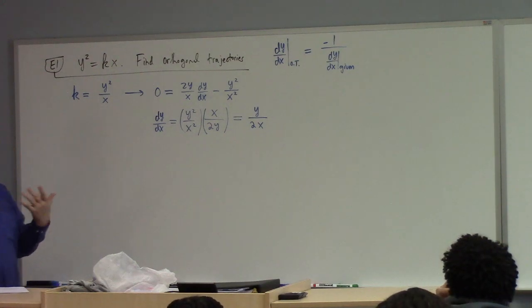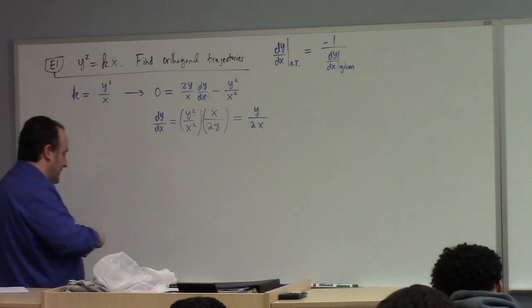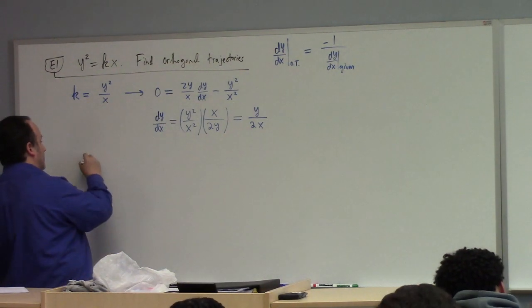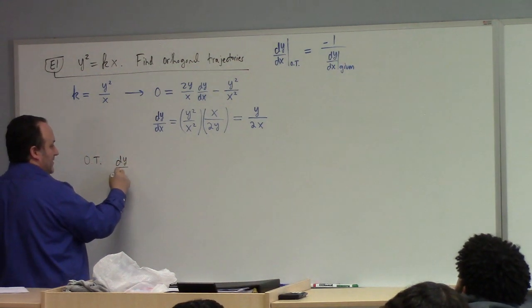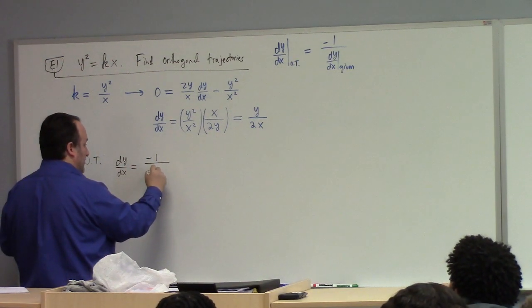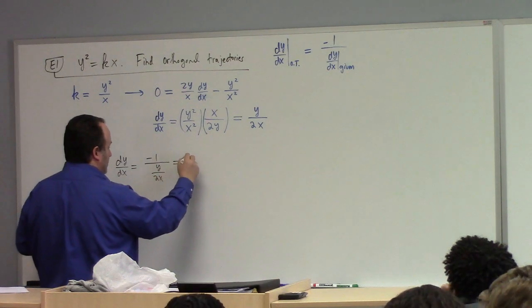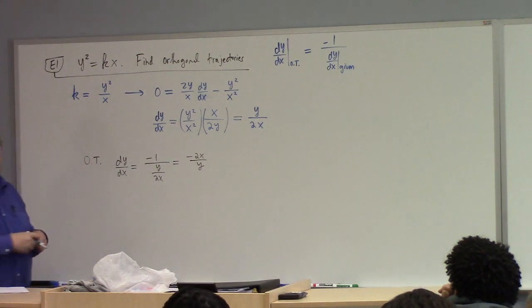So this is the given family's derivative. Then to find the orthogonal trajectories, I want to solve a related but different problem, which is dy dx equals minus 1 over y over 2x. But that is minus 2x divided by y. And how do we solve that?